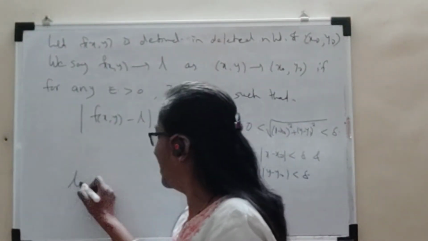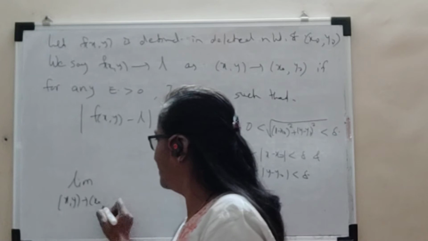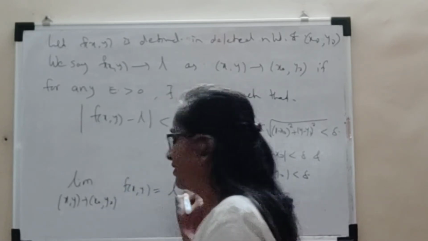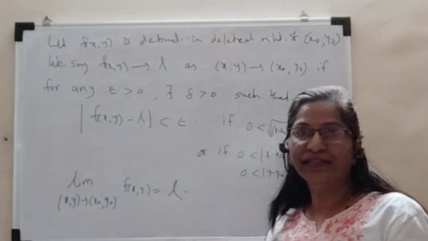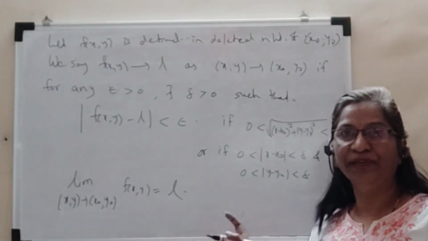And we write this as limit as xy tends to x0, y0 of f of xy is equal to L. So this is nothing but the Epsilon-delta definition of limit of a function of two variables.